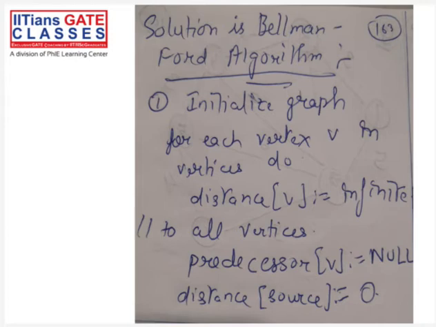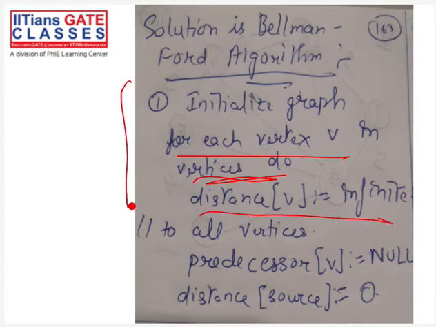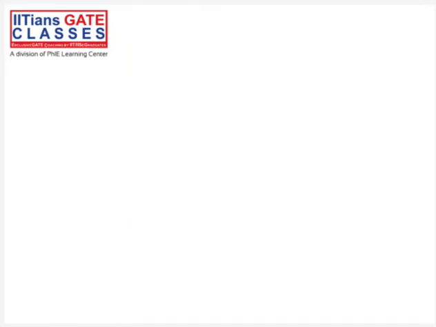In the Bellman-Ford algorithm, you initialize the graph for vertex V, and the distances and predecessors. All these steps are the same as Dijkstra's.